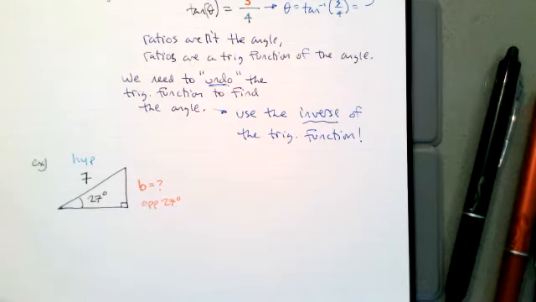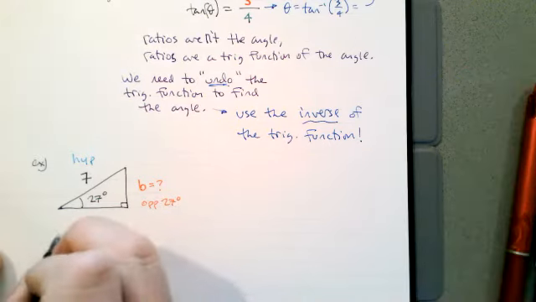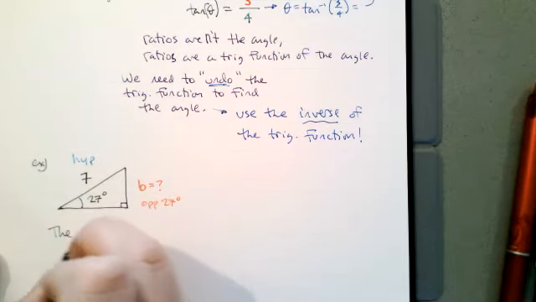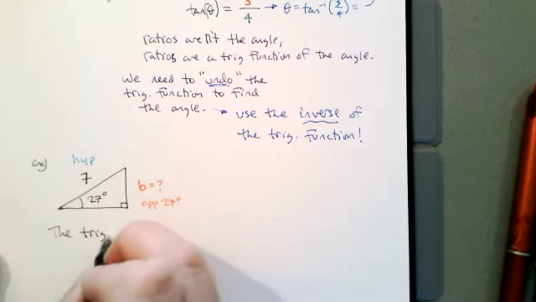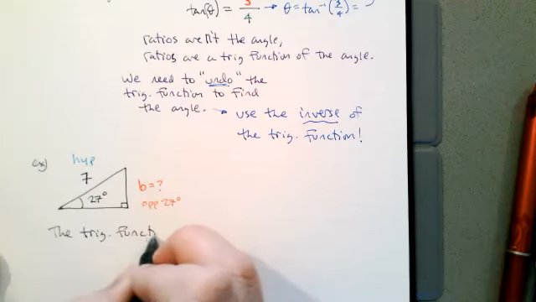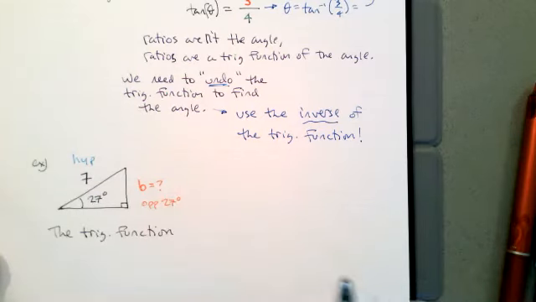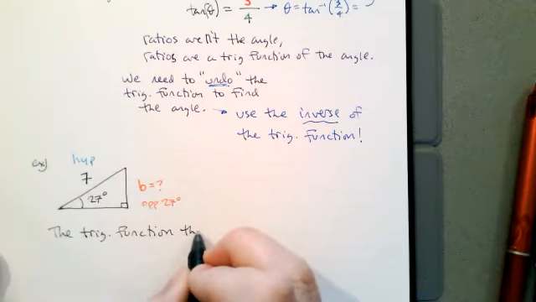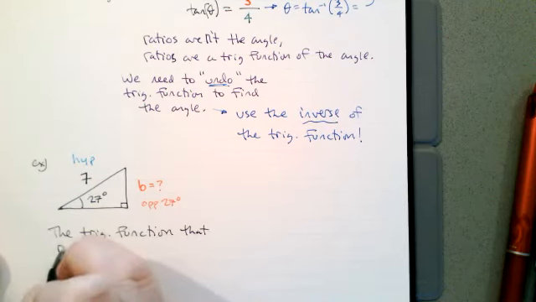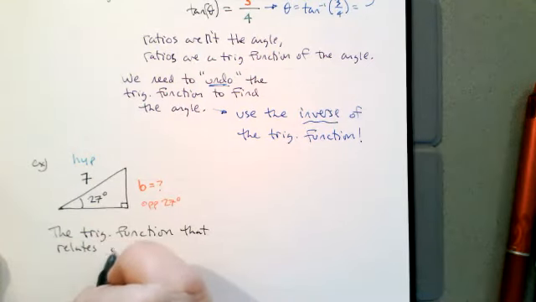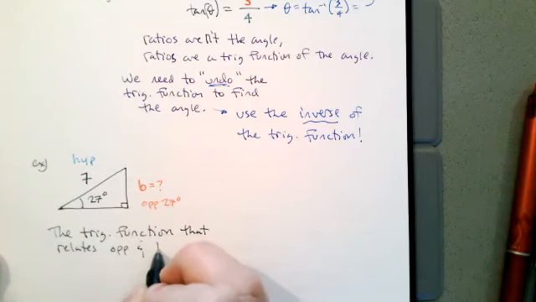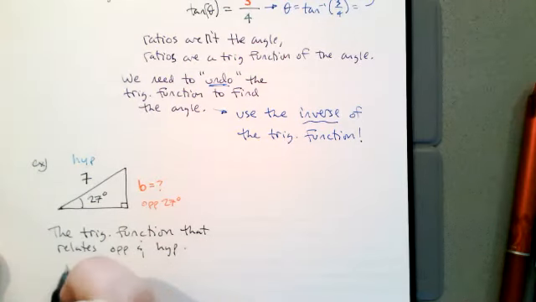So what trig function am I going to use that involves the opposite and hypotenuse? Sine. Cool. The trig function that relates opposite and hypotenuse is sine.